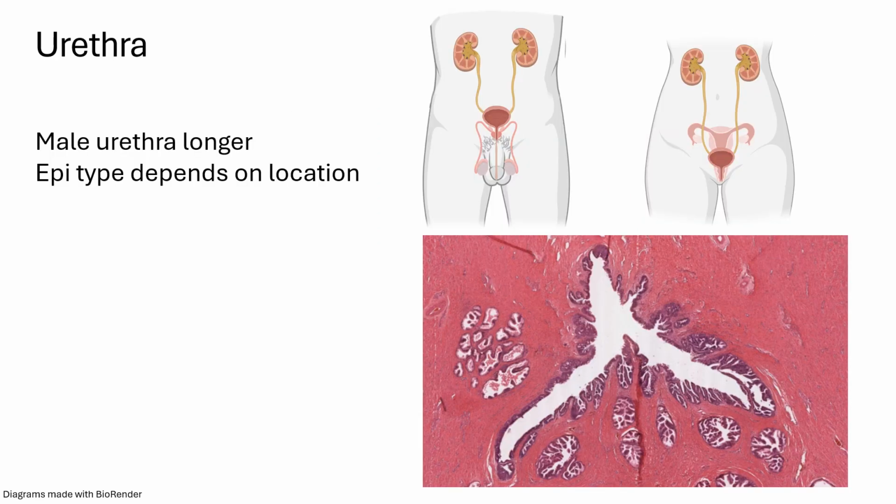Descending from the bladder leads to the urethra, which can be quite long or quite short, depending on what organs are contained in the pelvic cavity. The urethra is lined with stratified squamous epithelium, especially near the surface, and urine samples typically contain sloughed off cells from this lining.